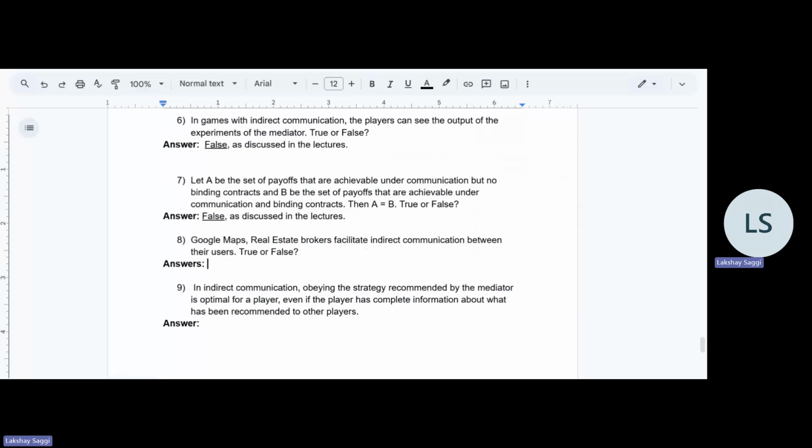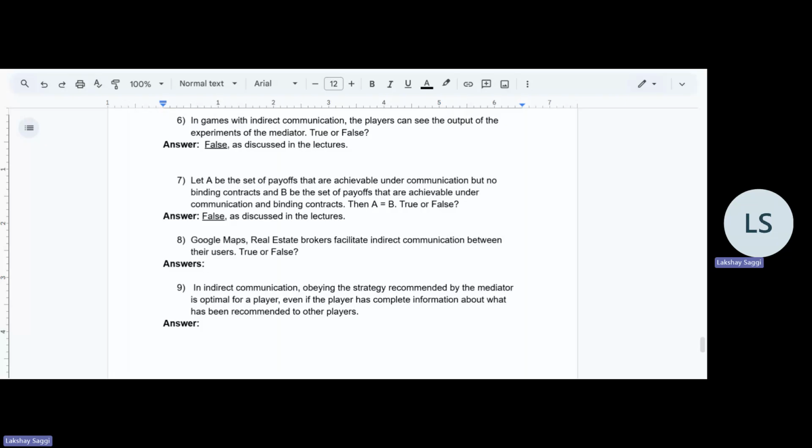So there are four flats in two societies. Society A has flats 1A and 2A, and society B has flats 1B and 2B. But 1A and 2A are very close to each other, and 1B and 2B are very close to each other. Any person residing in flat 1A will want no other person to move into flat 2A.